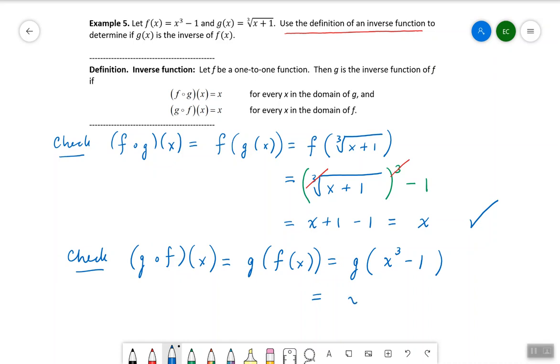The g function says take the input and add 1, and then take the cube root of all of that.